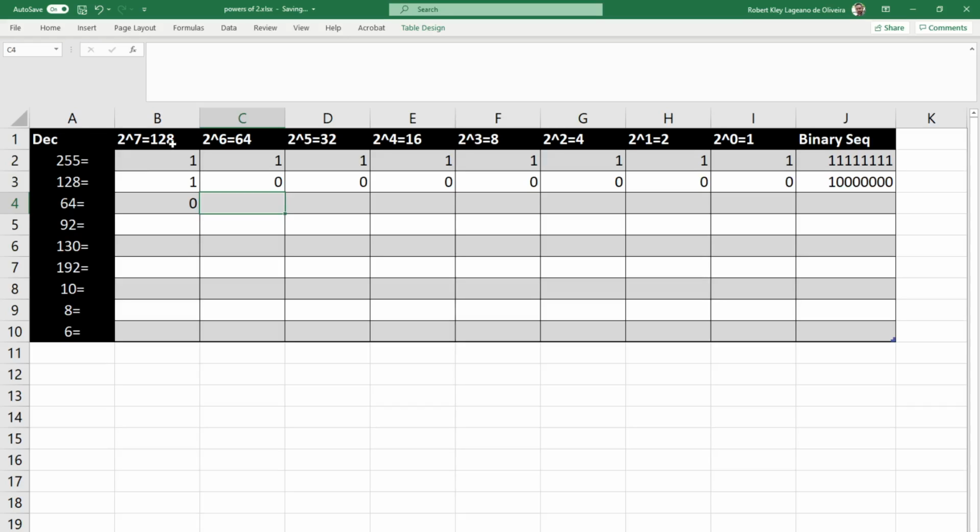The remainder is still 64. Now I take these 64 and divide by 64, and that's just basically 1, and the remainder is 0. So everything else will be 0. Now the binary sequence that represents 64 is just basically 0, 1, followed by 6 zeros: 1, 2, 3, 4, 5, 6. Just going to put a number here.